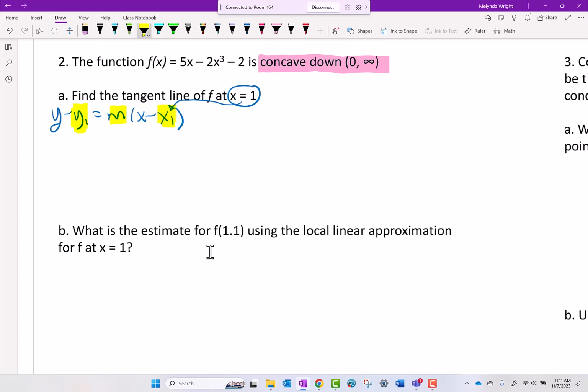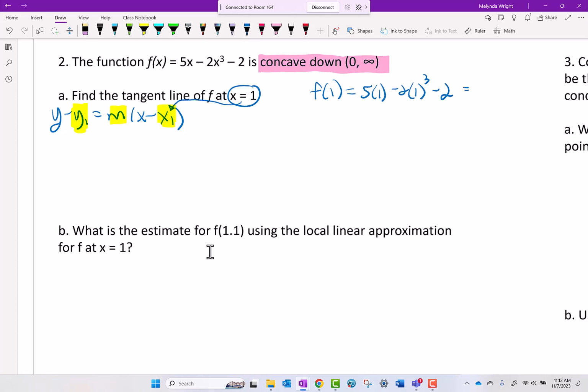To find the y value, what do you think I'm going to do? I'm going to plug the x value where? Into the original. So I'm just going to do that work over here. So f of 1, that's my x value. I need to find the y value. f of 1 is going to be 5 times 1 minus 2 times 1 cubed minus 2. Let's see, what is that?